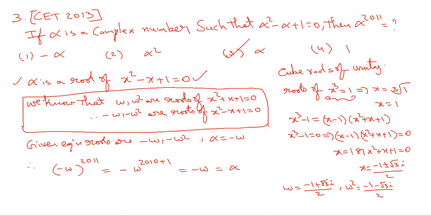The 2 roots are minus 1 plus root 3i by 2 and minus 1 minus root 3i by 2. But they have a relation that the second root you get by squaring the first root. That's why instead of giving 2 different names, they give a name omega for this, and automatically the other one is omega square. Hence the cube roots of 1 are 1, omega, omega square.